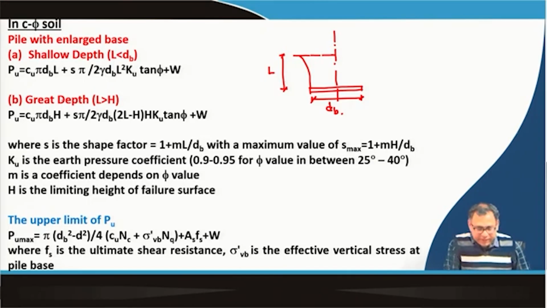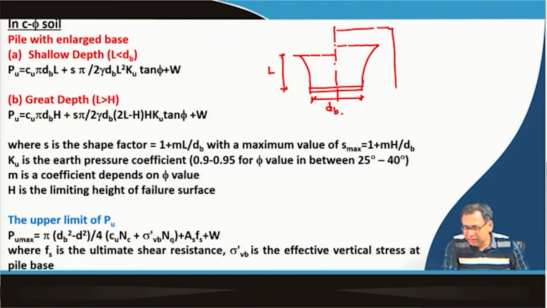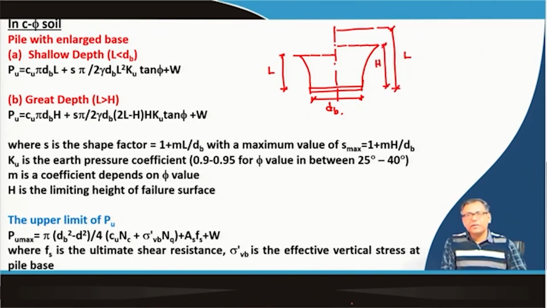Now, for great depth, suppose the failure line will go up to a particular length, beyond that the failure line will not extend, but your length of the pile is more than that. This is the h up to which the failure line has extended, and the length is more than h.